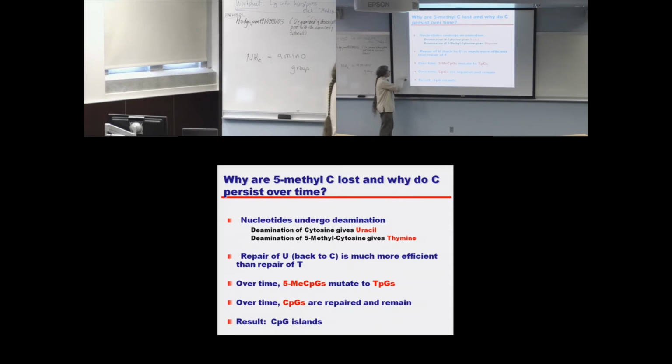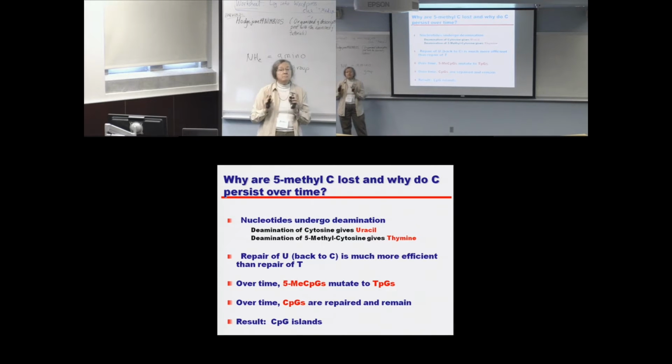So what happens over evolutionary time is that the 5-methyl CpGs mutate to TpGs, and the unmethylated ones are repaired and stay as CpGs. And since we find the unmethylated ones in front of those genes, they tend to be maintained, and that gives us CpG islands.